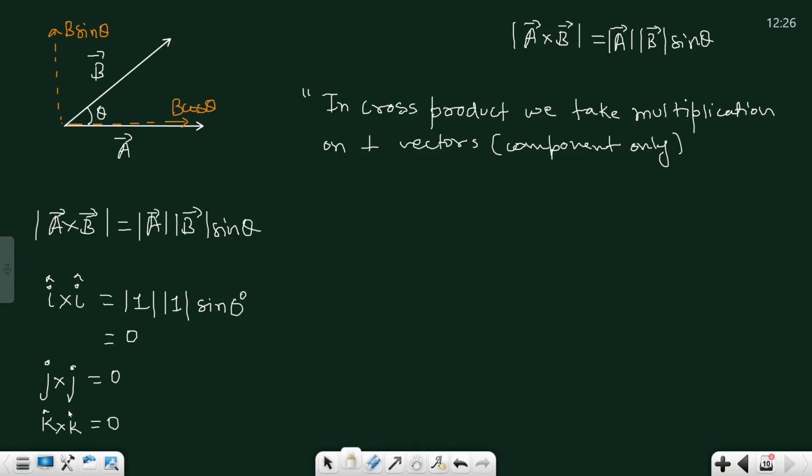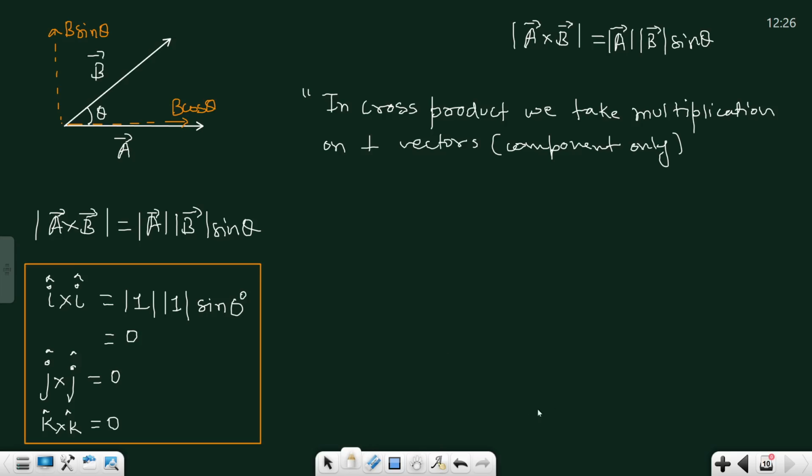But here you are getting the just opposite result as compared to the dot product. You have to take this into consideration. But when you go for I cross J, I cross K, J cross K, you will get some different vectors.